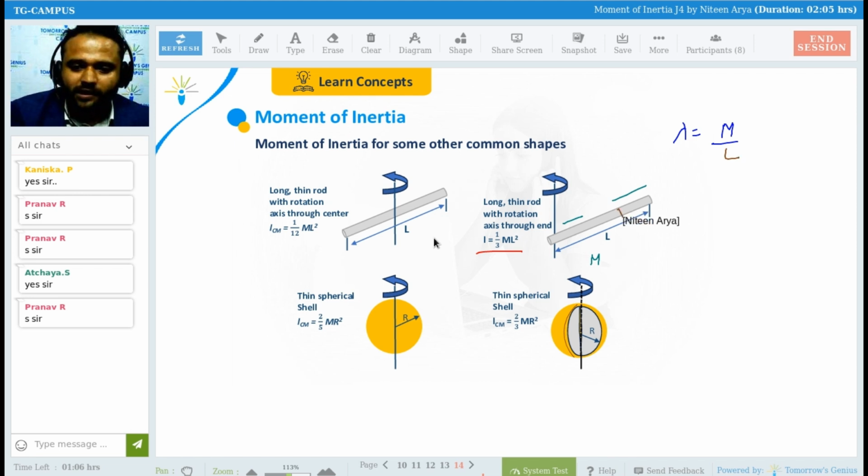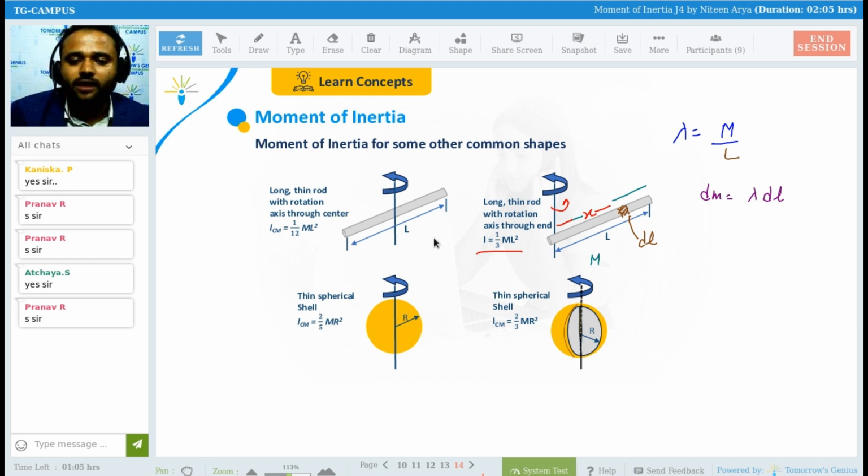Then I can pick any particular small length element dl. From the axis of rotation, the distance is going to be x, up to this dl length element. So for this small length element, the small mass is going to be rho dl. Is this clear everyone?